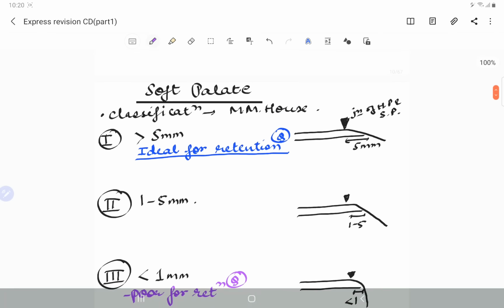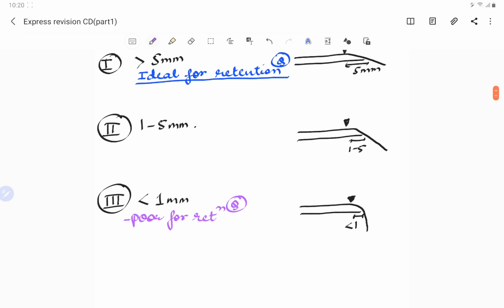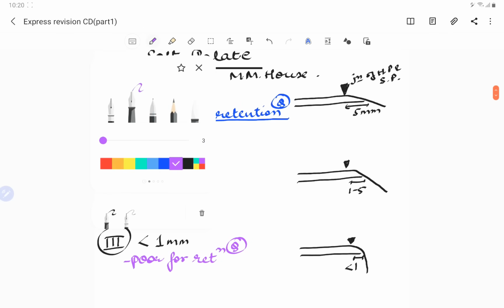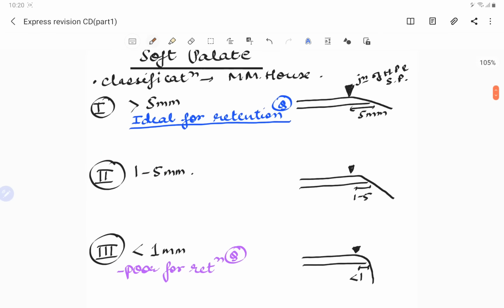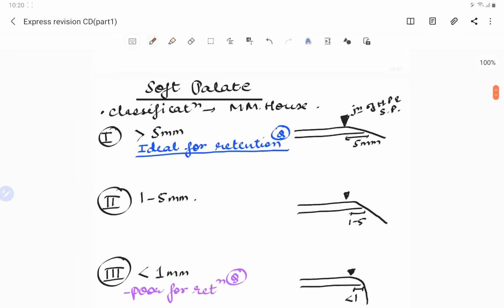So the ideal is the type 1 or class 1 soft palate. Class 2 is 1 to 5 millimeter of tissue availability. Class 3 is when there is less than 1 millimeter of tissue availability. This is one classification. The other classification I can write is when there is horizontal or little muscular movement, that means more area is covered.